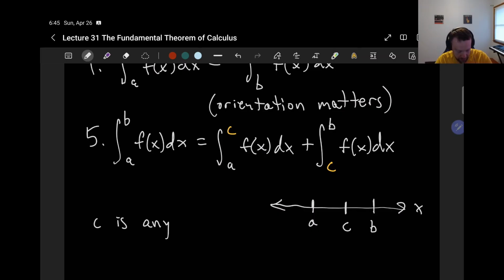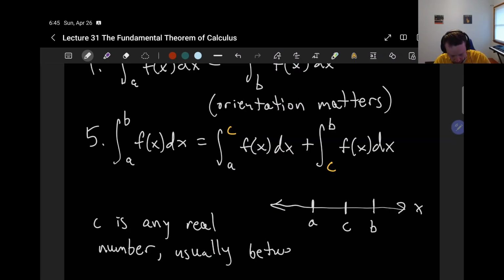C, technically C can be any real number. Doesn't have to be between A and B, but that's when we're going to use it really. So I'll just say usually between A and B, and this will be useful to us in the coming example.